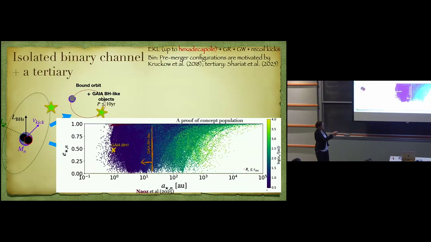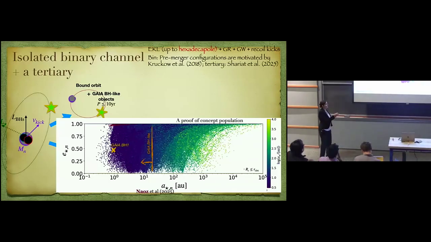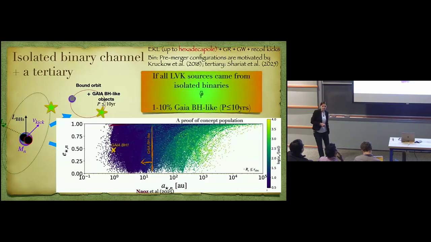This is up to the hexadecapole, general relativity, gravitational waves, and also the recoil kick. You can see that naturally we formed Gaia BH1-like systems and a lot of Gaia BH-like systems. We also predict a long tail of wide systems that will still be bound. If all LIGO sources came from isolated binaries, we expect between 1 to 10% of Gaia BHs to form this way.